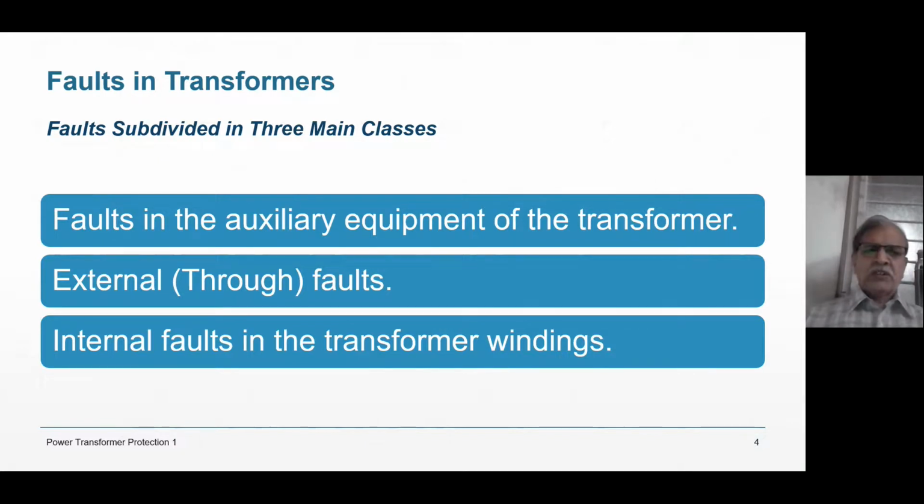It's a time-taking process. Therefore, the protection which is meant for internal fault should operate for internal faults only and not for external fault. As we have seen in generator, it should not operate for through faults. Through faults, some other protective devices are taking care. So we will see one by one.